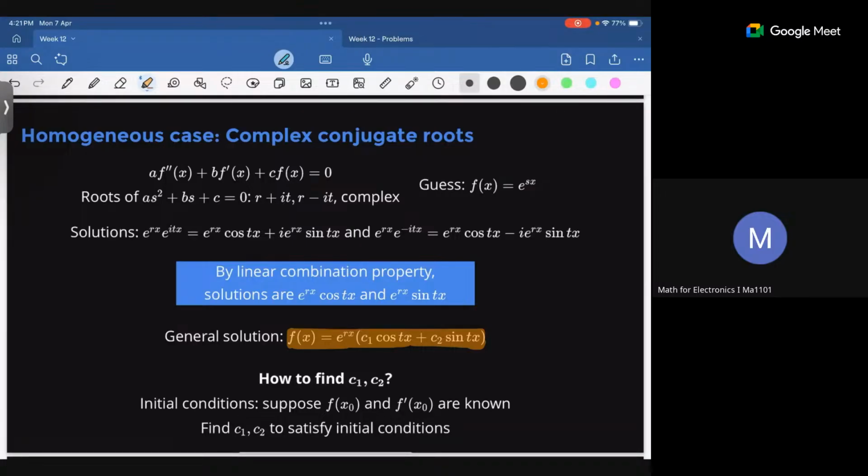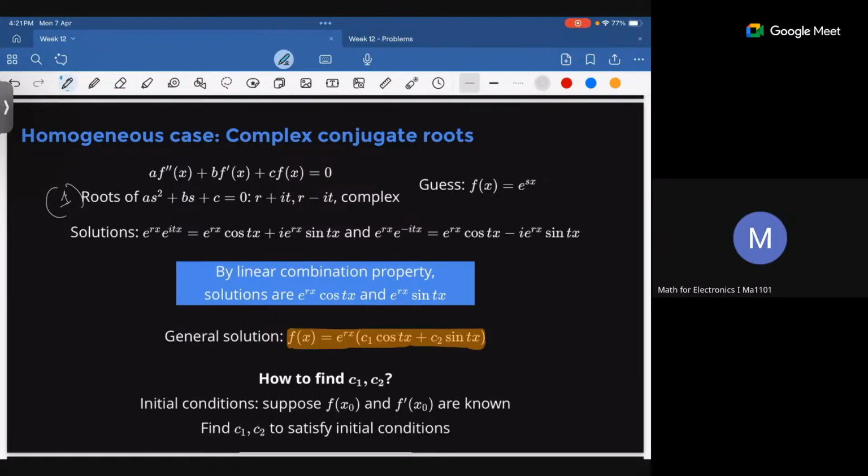Alright, so only the general form will change. In all three cases, the general form of the solution will change. Everything else is the same. The first step will always be finding the roots of this quadratic equation. If you get distinct roots, you will have one general solution.